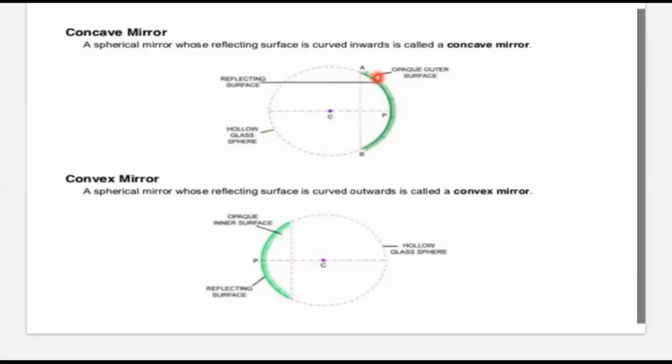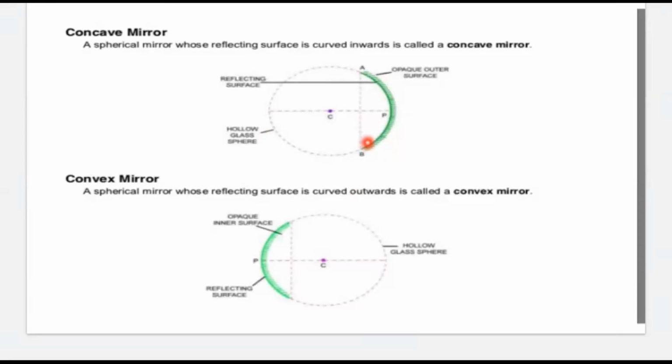Why? Because we are coating this surface, the green slanting line portion surface, with silver or silver nitrate solution. You can also say aluminum. And the one which is inside would be a mirror. Why?